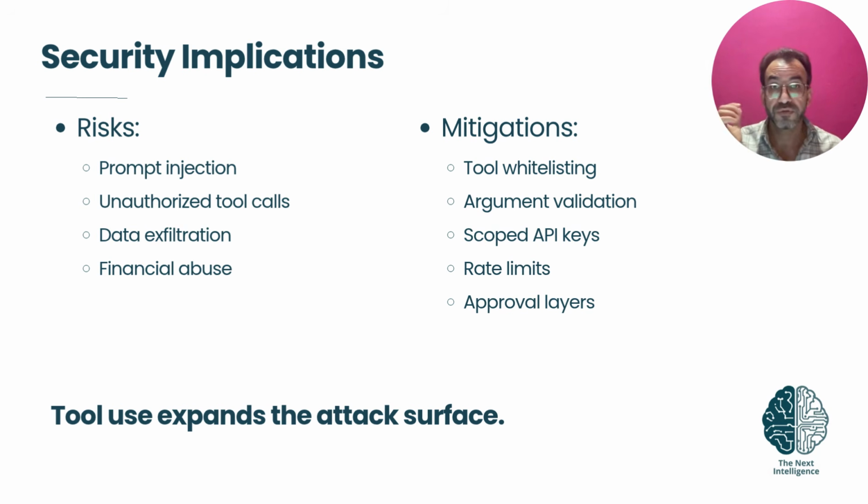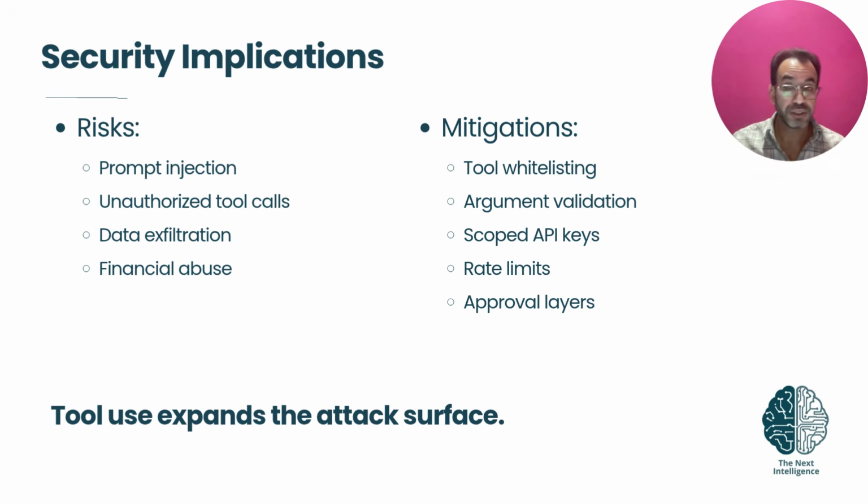We need to have rate limits defined for each tool call. We need to have an approval layer, and we will see it later. We should see human in the loop as one of the design principles as well. With these mitigations, we make sure that the risks, if they happen, will stay under control, and not become a huge security breach.